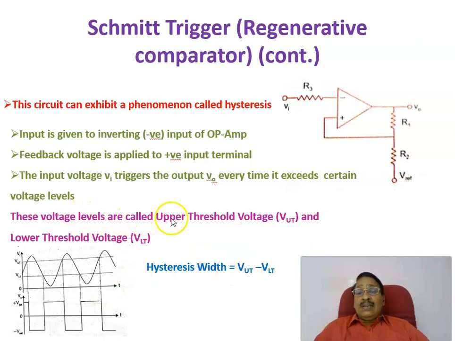When the input voltage goes above the upper threshold voltage, the output changes from plus Vsat to minus Vsat, and when the input voltage goes below the lower threshold voltage, the output changes from minus Vsat to plus Vsat. This is the output voltage, this is the input voltage, this is the upper threshold voltage, and this is the lower threshold voltage, and the difference between them is called the hysteresis width.